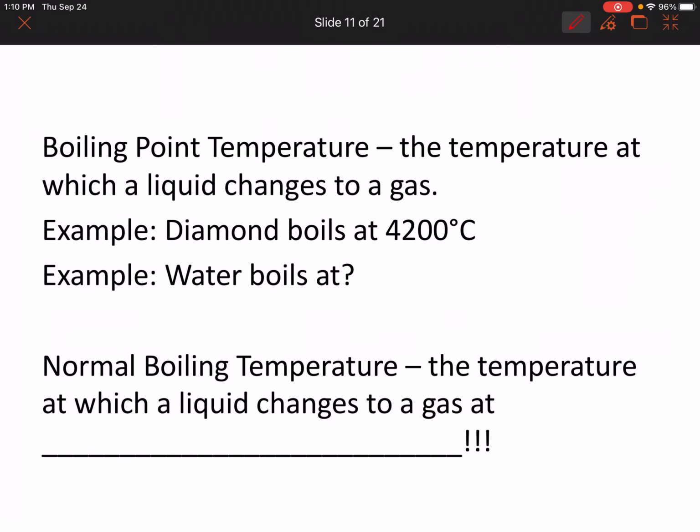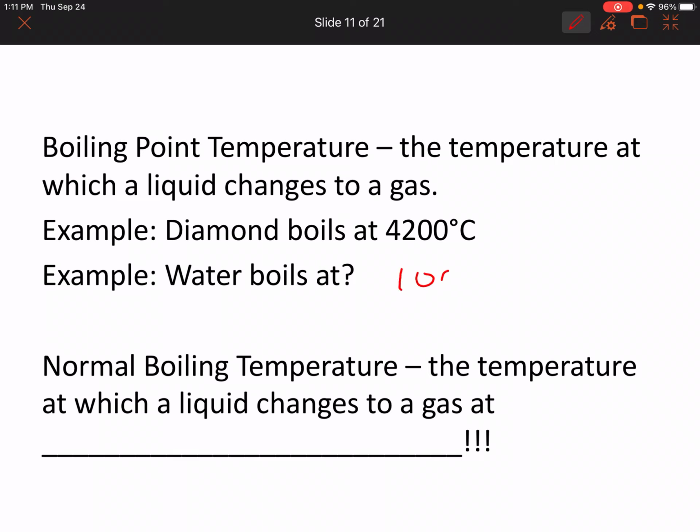Boiling point temperature. We talked about melting and freezing, now we're going to talk about boiling. This is the temperature at which a liquid changes into a gas. So this would be our water that we're boiling to become steam. Diamond also will boil, at 4,200 degrees Celsius. What temperature does water boil at?